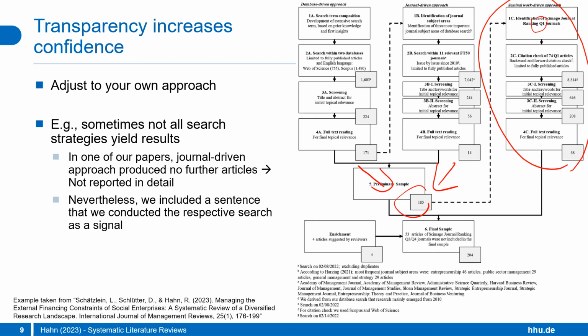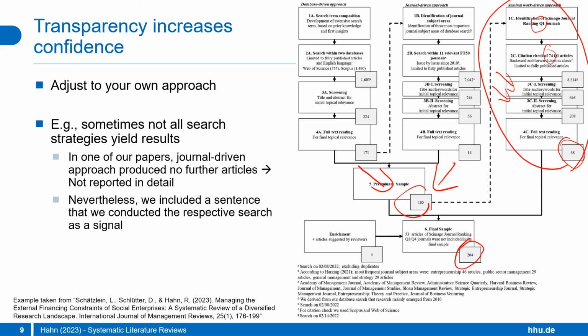And then we checked 74 articles, backward and forward. Of the 185 in our preliminary sample, 74 were in the Q1 quartile. Again, we first checked the titles, then the abstracts, and we ended up adding another 68 articles to our sample, which was then a full sample of 204 articles.